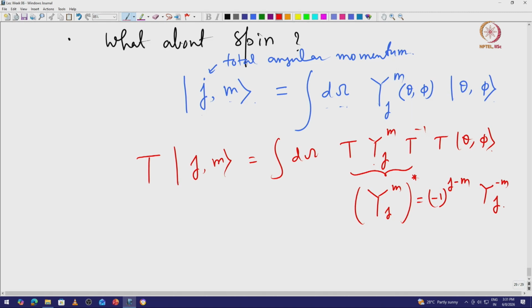So, Y_j^m theta phi under time reversal changes to minus 1 to the power m, j minus m.